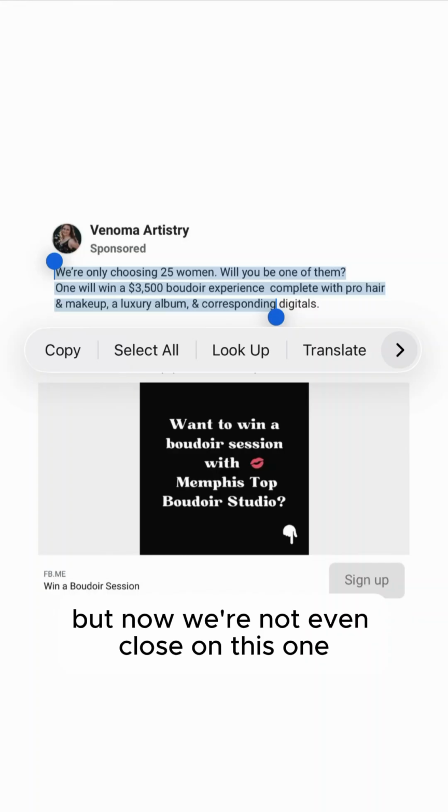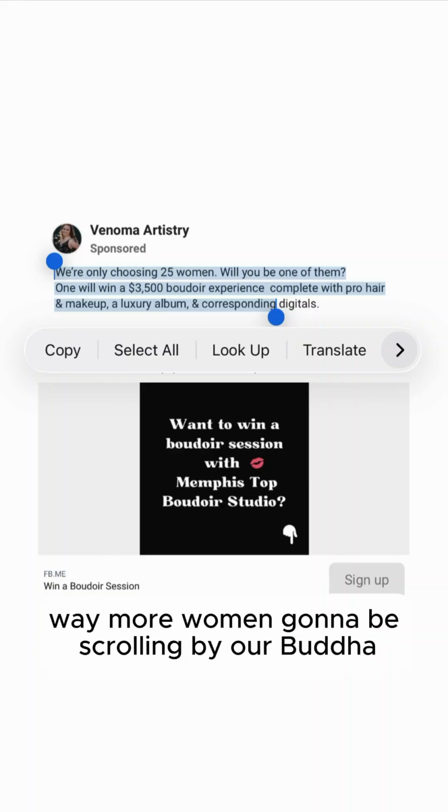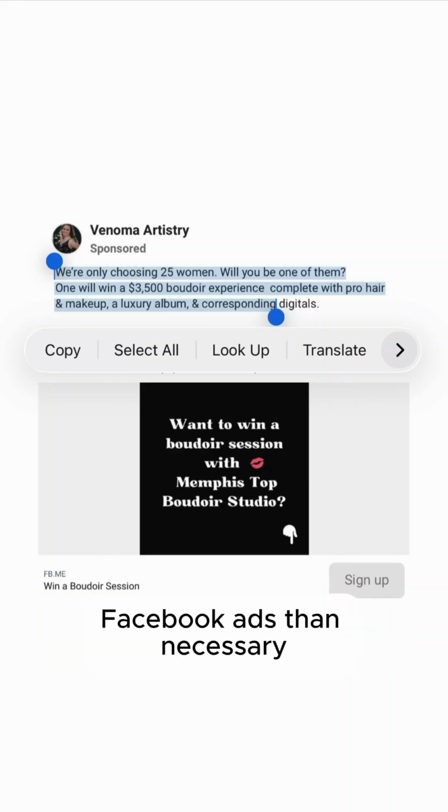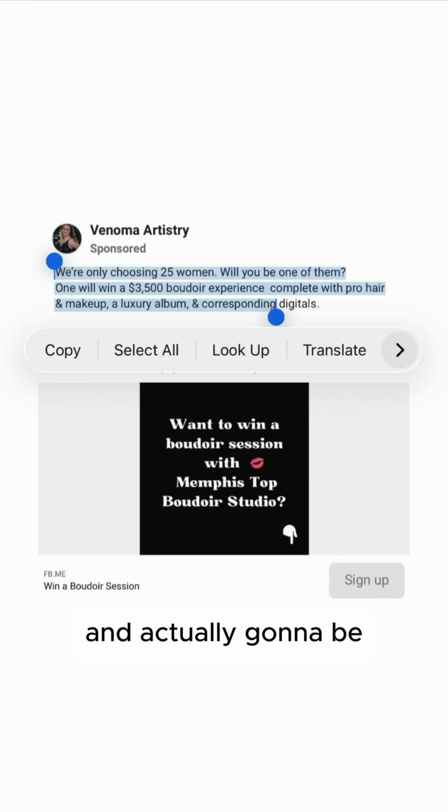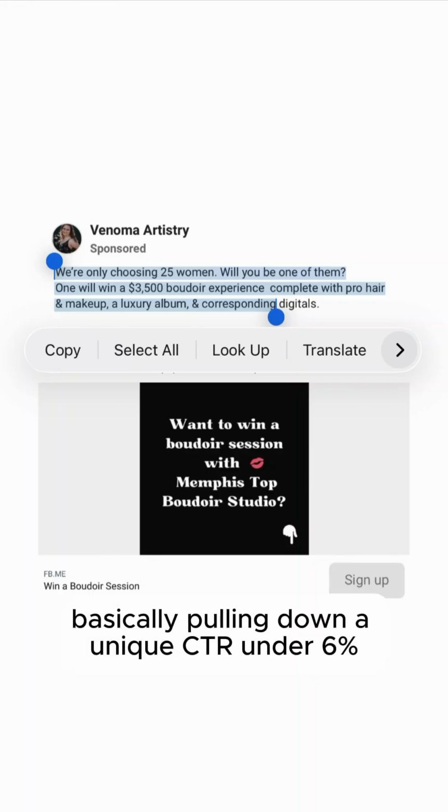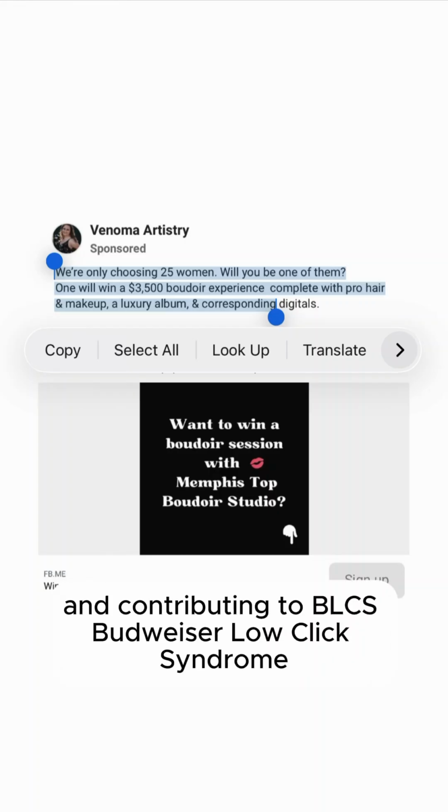But we're not even close on this one. So the consequence is way more women are going to be scrolling by our Boudoir Facebook ads than necessary, basically pulling down our unique CTRL under 6% and contributing to BLCS, Boudoir low click syndrome.